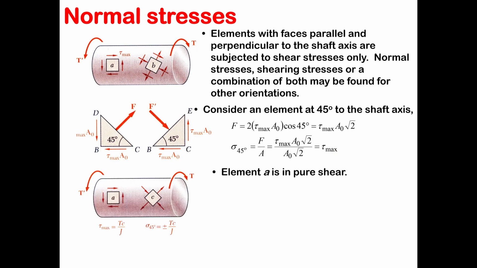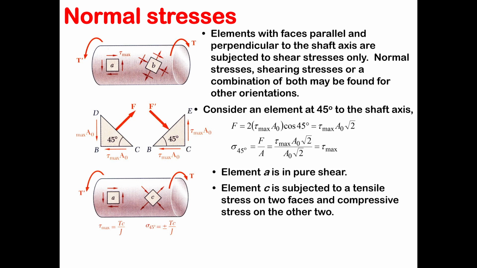So for an element that has parallel and perpendicular faces to the shaft axis, we can say it is in pure shear. And for the other one, that is element C, that is at 45 degrees compared to the shaft axis, we can say that it has tensile stresses on two faces and compressive stresses on the other two.